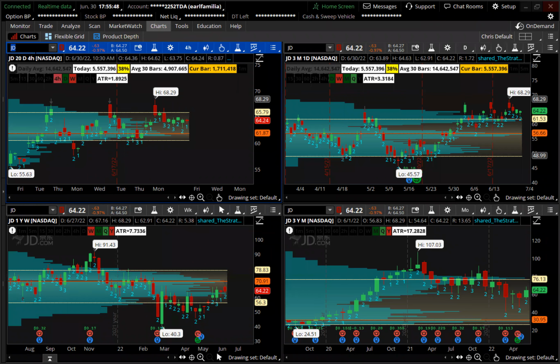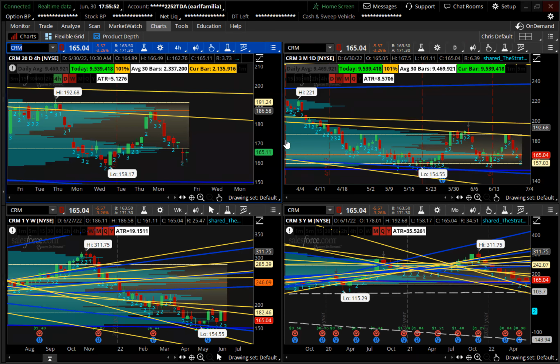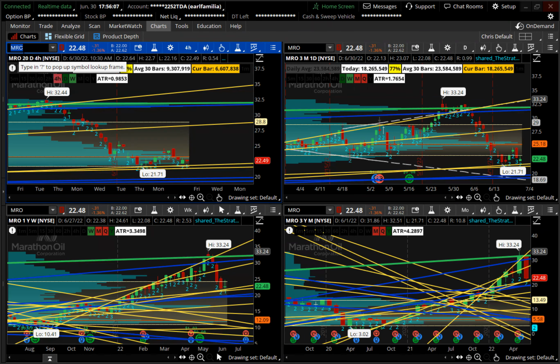I didn't like the way CERM looked earlier when we checked it out. It's totally sideways, choppy, flat. So I wasn't feeling it. Again, we don't want tricky stuff. We just want stuff that's easy to know. Oh, this one's going in this direction. Oh, there's an entry, I can take it and make money. Done.